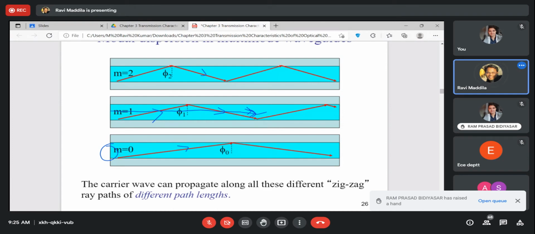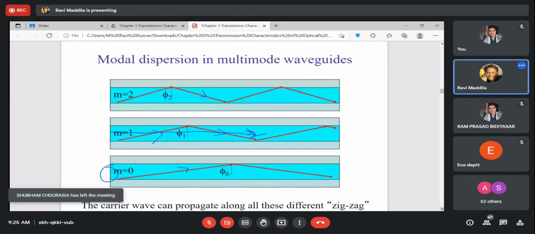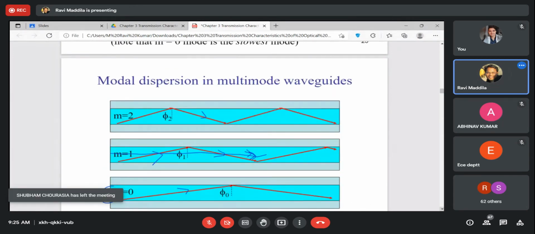So this is about the different path lengths. Let me show you some more graphical representation. We can consider we have a single pulse, and that single pulse is split into the three modes here.